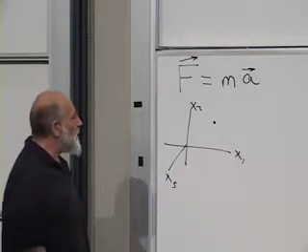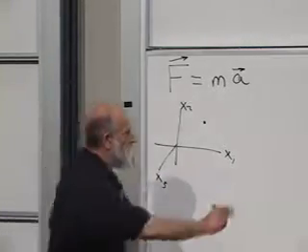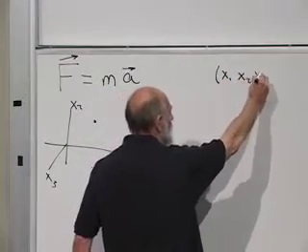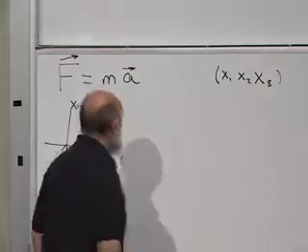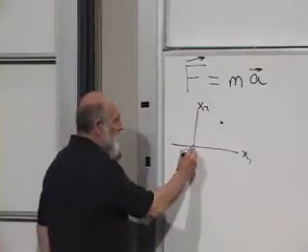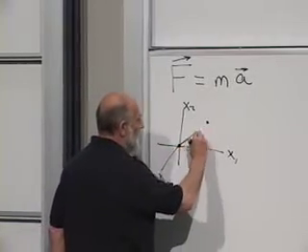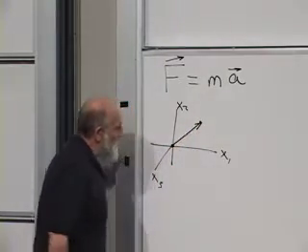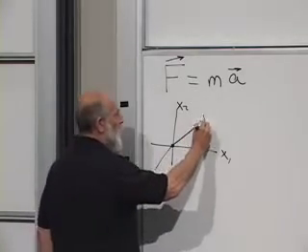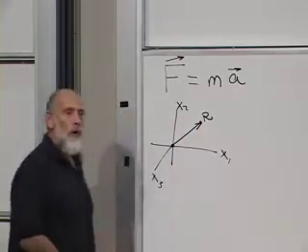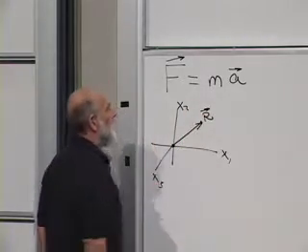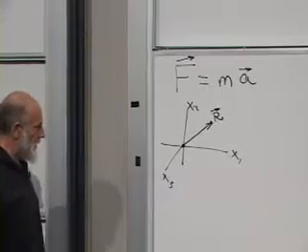Sometimes we will summarize the collection of the 3 coordinates, x1, x2, and x3. Incidentally, x1, x2, and x3 are components of a vector. They are components of the position vector of the particle. The position vector of the particle I will often call either small r or large r, depending on the particular context.